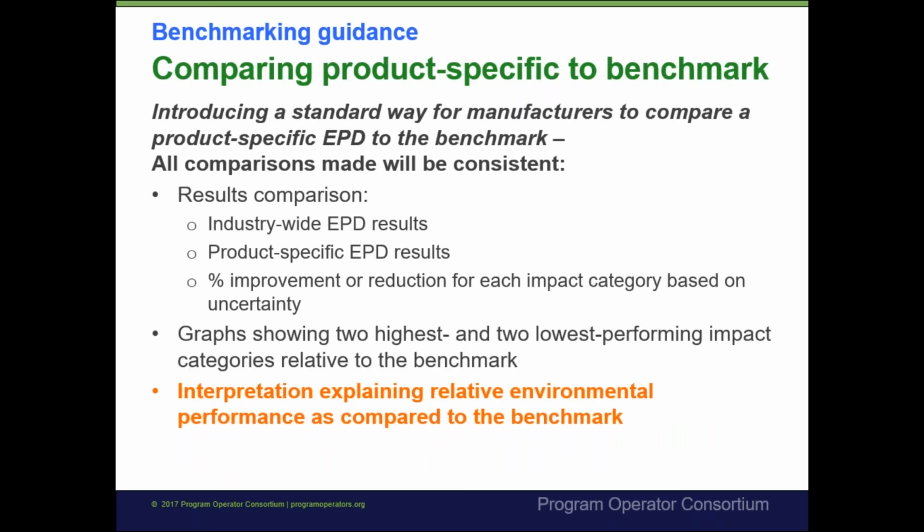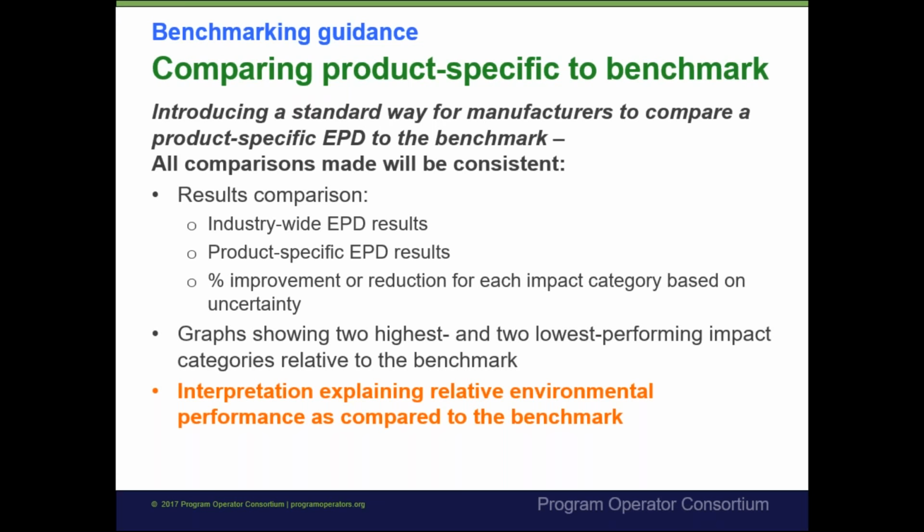This also introduces a standard process for creating comparisons of product-specific results to the benchmark. These comparisons showcase the industry-wide and product-specific EPD results side by side with the percent improvement or reduction in each impact category based on uncertainty. So if all your results are within the threshold for uncertainty, your product will be considered equivalent to the benchmark.